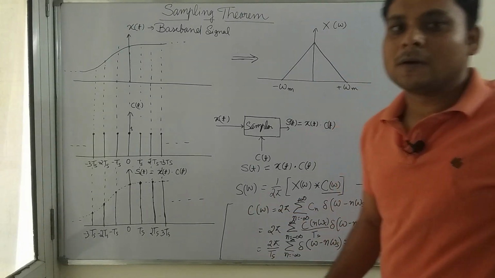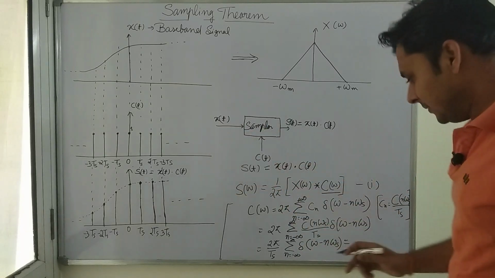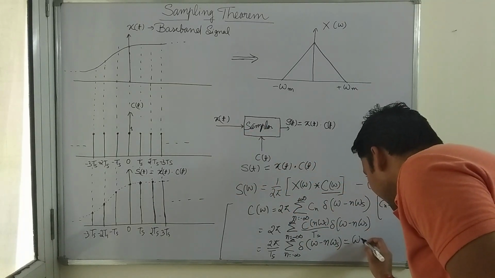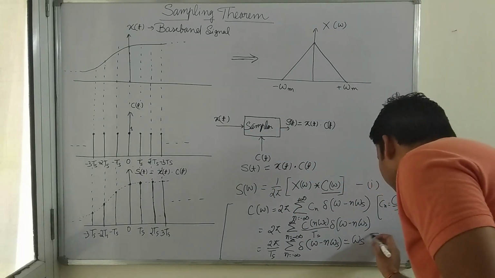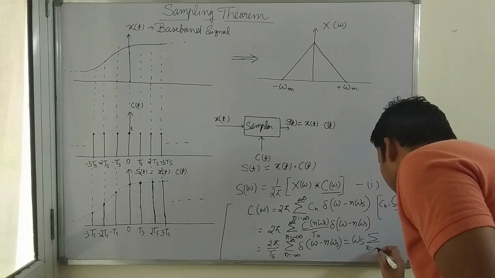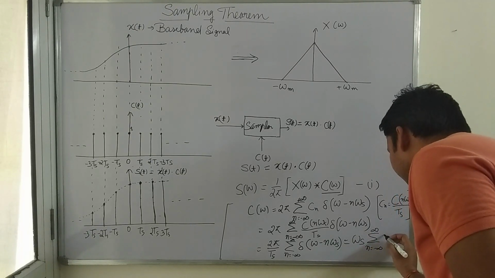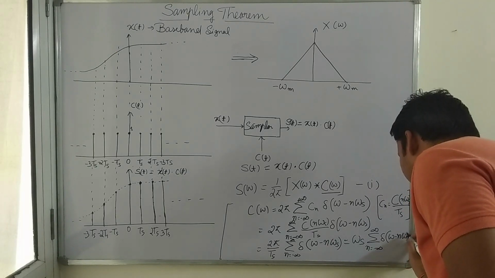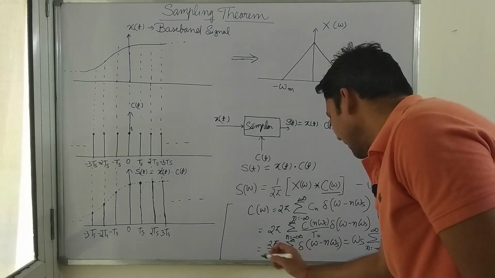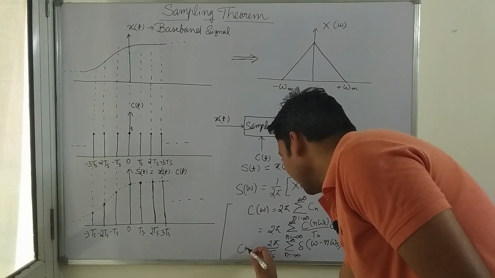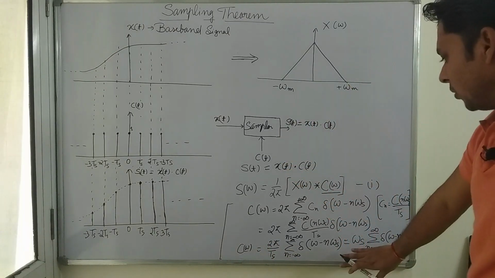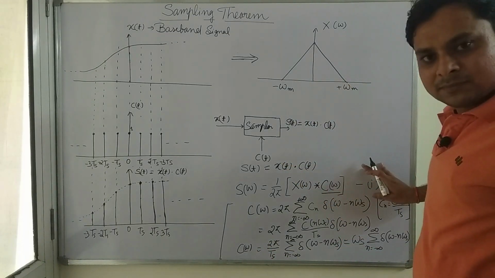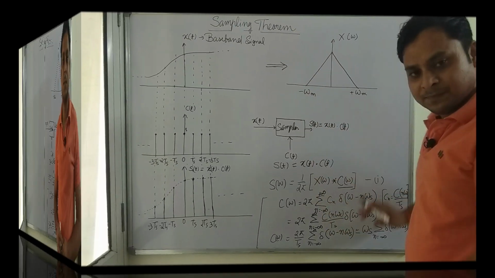The angular sampling frequency, represented by omega s. So omega s summation n equals minus infinity to infinity delta of omega minus n omega s. So this value of C(omega) we will put in equation 1 and proceed further.